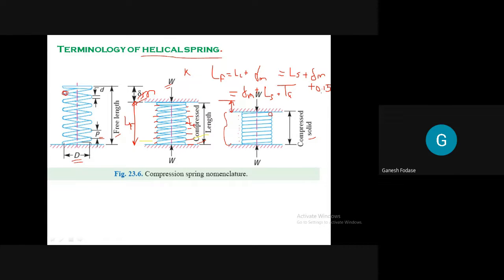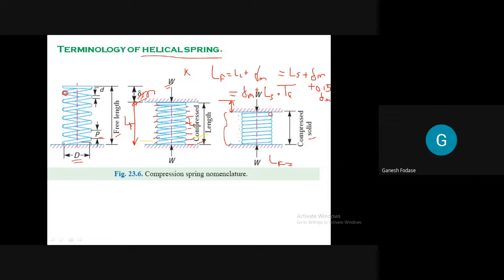So 0.15 of delta M, and hence we can write the relationship between LF and LS as LF is equal to LS plus delta M plus 0.15 delta M, that is 1 plus 0.15, so it is 1.15 delta M. So we can write the relationship between free length, solid length and compressed length.